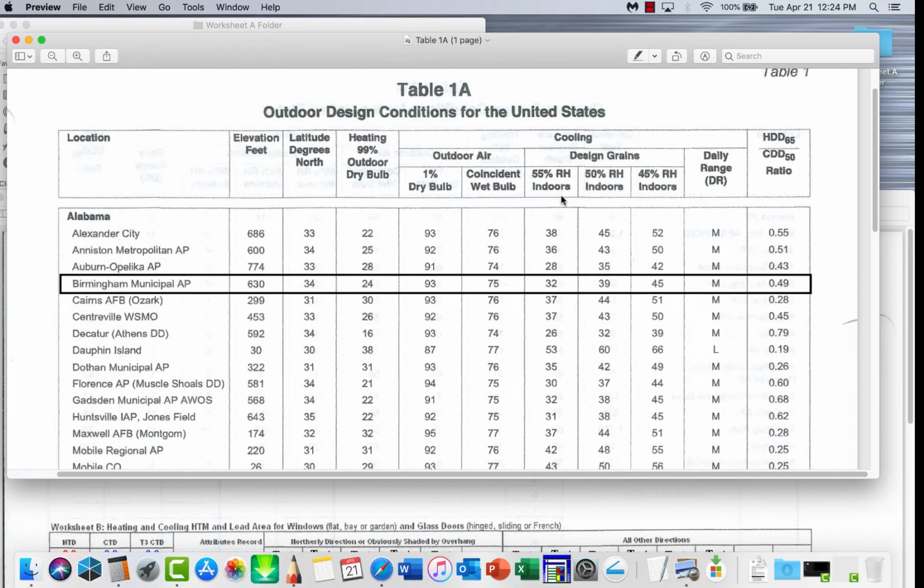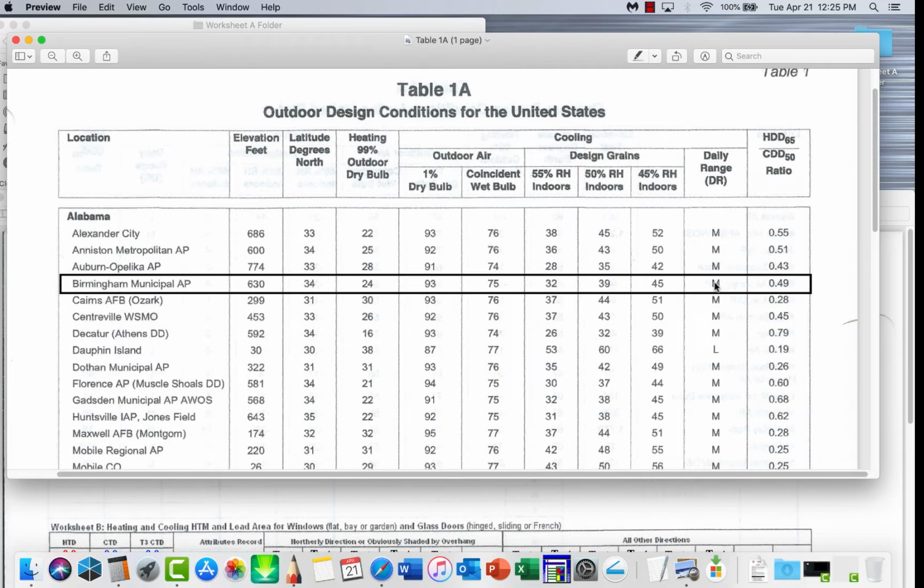Grains differential, 55%, 50%, and 45%. You generally want to use 50% relative humidity as your standard. And of course, daily range is the temperature range between the daytime temperature and the nighttime temperature. Birmingham, Alabama here is a medium, which means it's not too far apart.